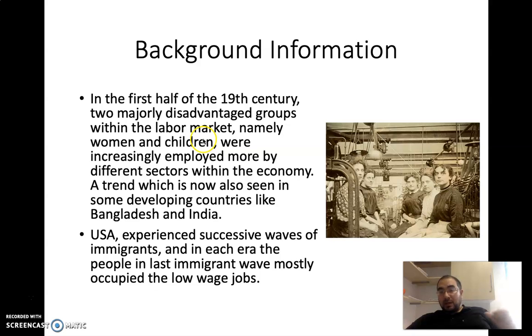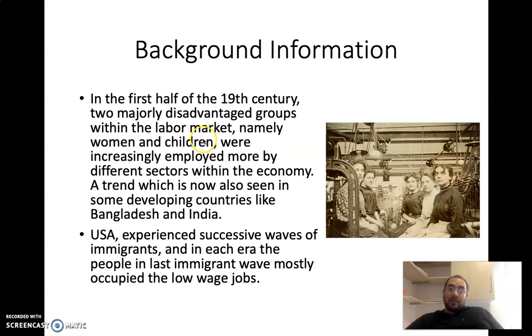A development which is nowadays happening in countries like Bangladesh and India also. Women and children are that group, and for men, finding jobs started to be more difficult, not impossible. Certain jobs were still reserved for men, especially construction jobs, but certain jobs which were previously male jobs started to become female jobs.